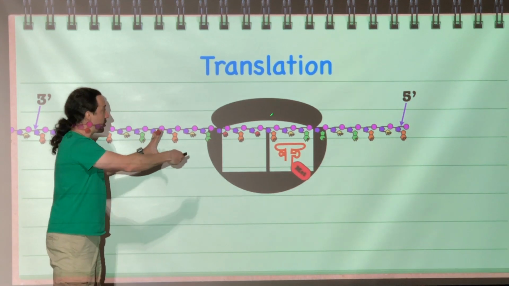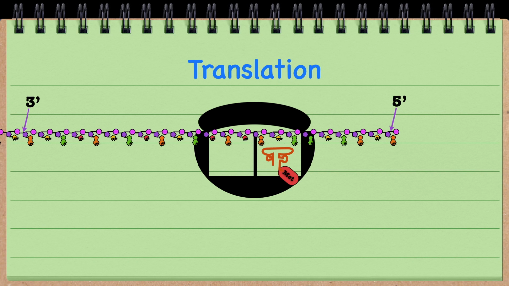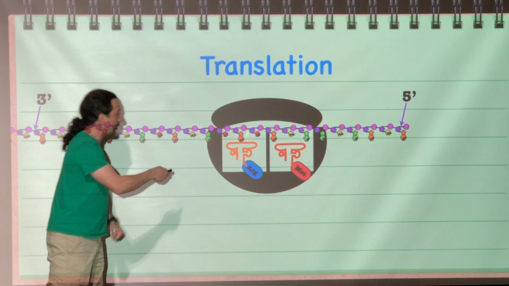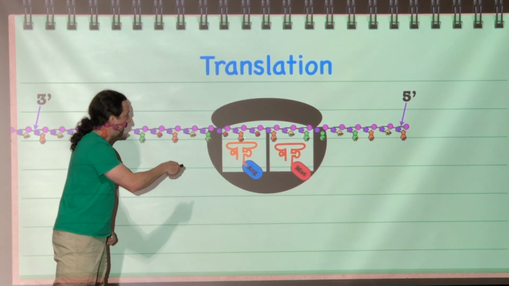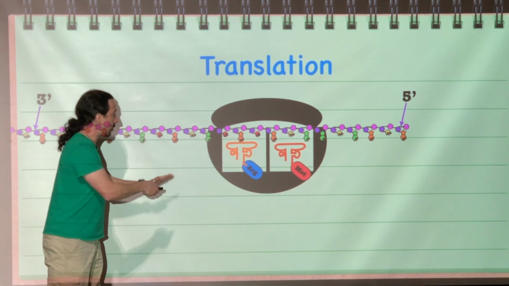The ribosome is going to move toward the 3' end. But before it does that, we have a codon right there that's free within the ribosome. So a tRNA is going to bring in the appropriate amino acid. This codon of CGC codes for the amino acid arginine.